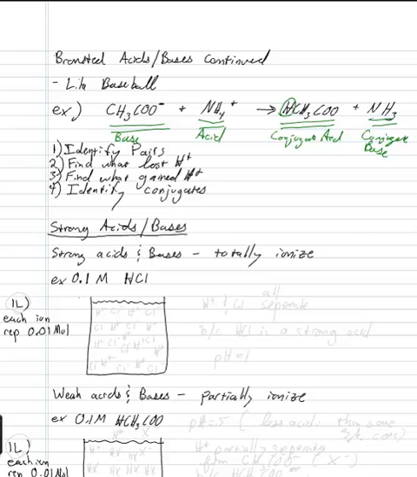So let's say we had a hydrochloric acid solution, and each ion that I represent is 0.01 moles of each ion, and I have 1 liter of solution. So there would be 10 H pluses and 10 Cl minuses.